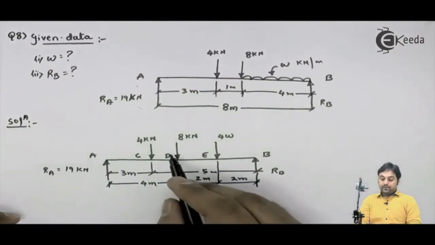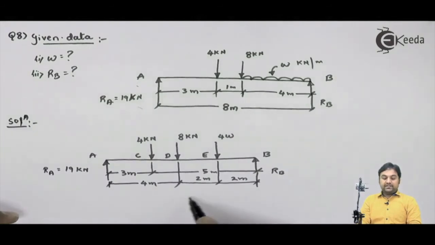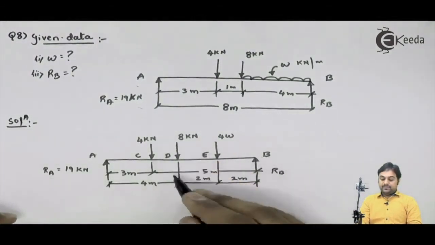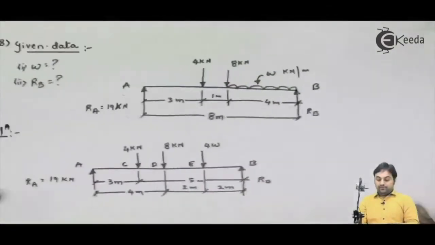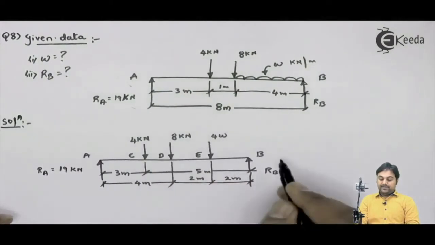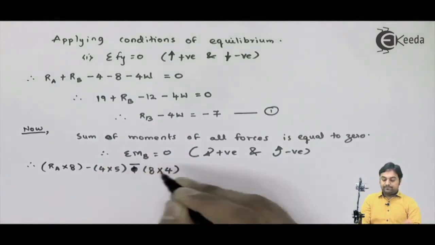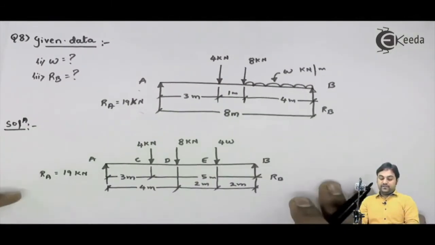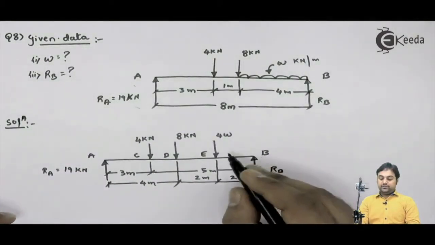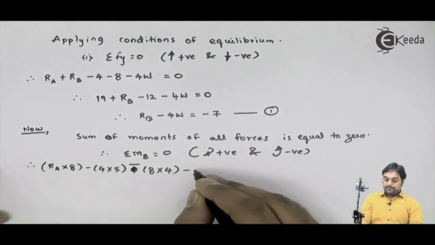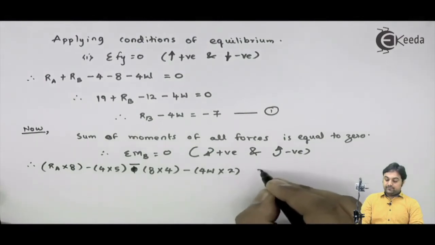Then we have 8 kilonewton. It is acting at 4 meters from each side. The moment produced by 8 is anti-clockwise. So it will be negative, minus 8 into 4. Then 4W into, the distance is 2 meter. It is again anti-clockwise. So minus 4W into 2 meters, that's equal to 0.